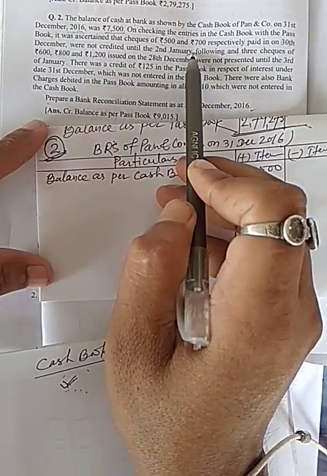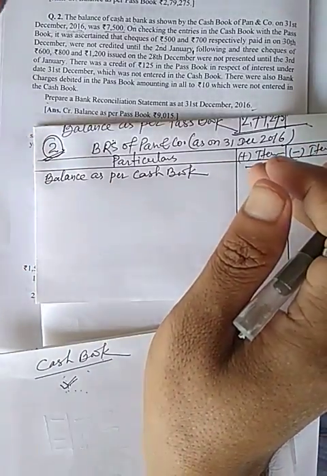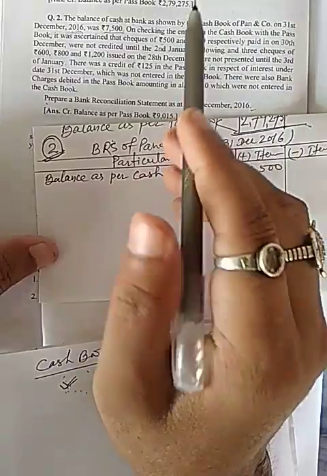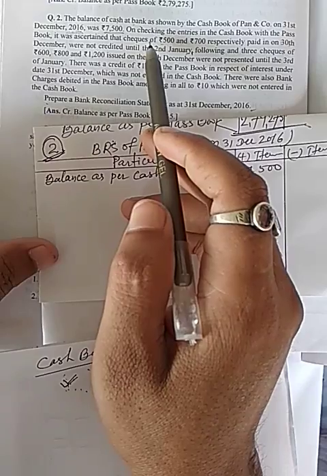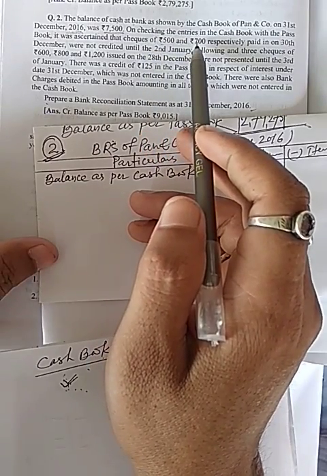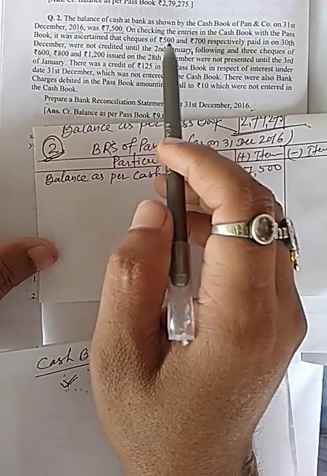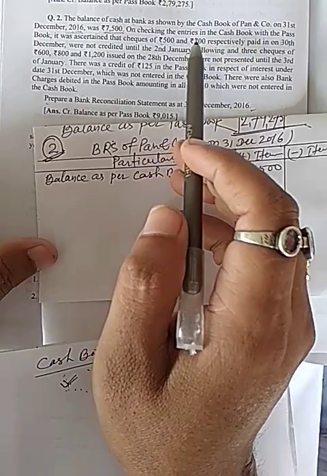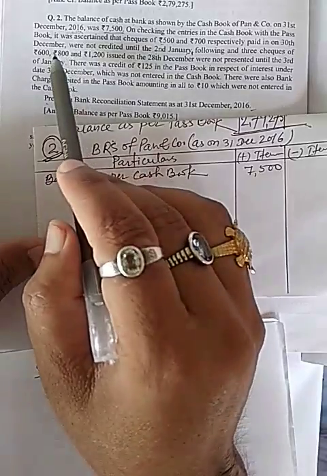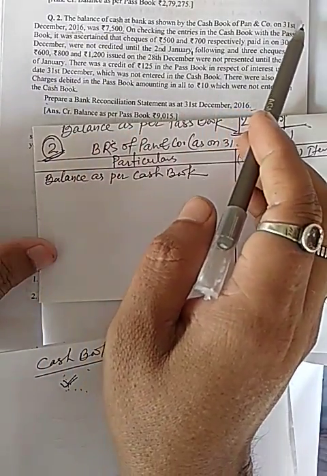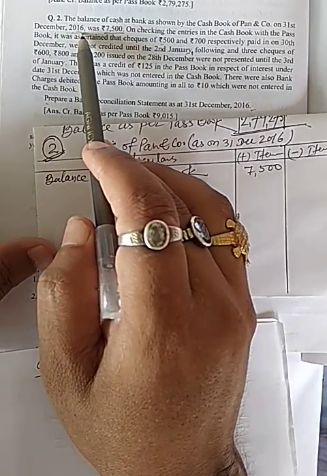Now we have to see here two checks were deposited but not credited by bank on 2nd January, but we have to prepare on 31st December.